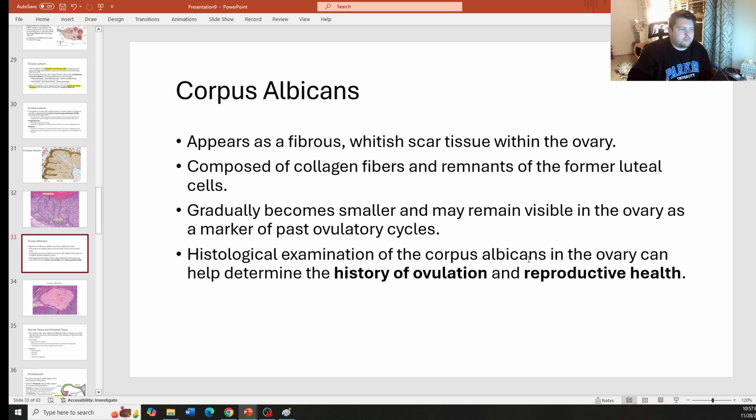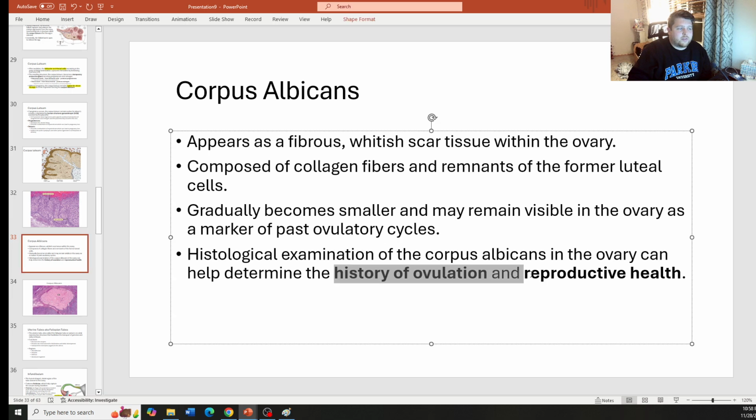After a person passes, if you're dissecting this individual and you take a slice of the ovary, you can actually determine the history of ovulation and reproductive health of this individual by looking at the corpus albicans, like the quantity of them, the location of them, and their general structure.